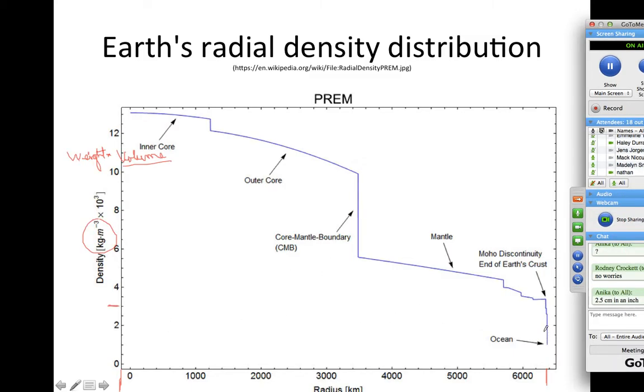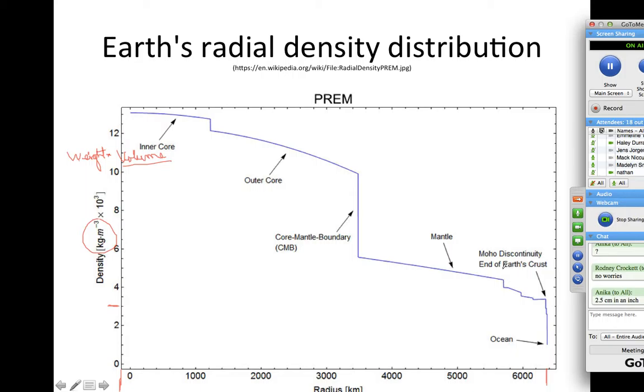Now we are talking about the Earth crust, and you can see that the Earth crust is getting more dense. And then there are these areas where there is a jump in density.